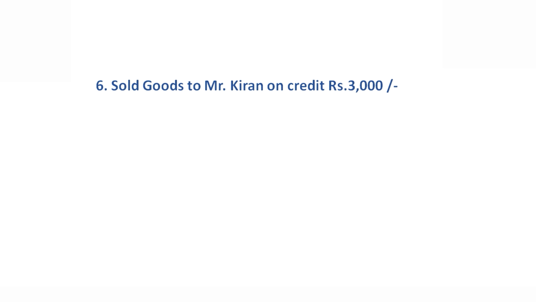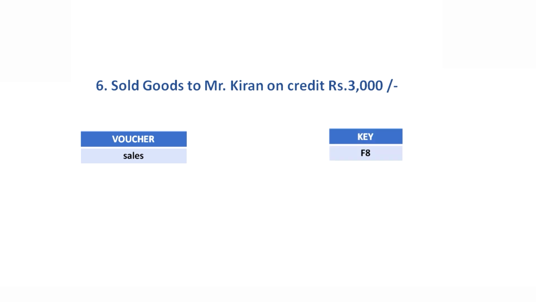Sold goods to Mr. Kiran on credit for rupees 3000. We are selling our goods, then we use a sales voucher and the shortcut key for this is F8. The 2 ledgers we require is Kiran account and sales account.